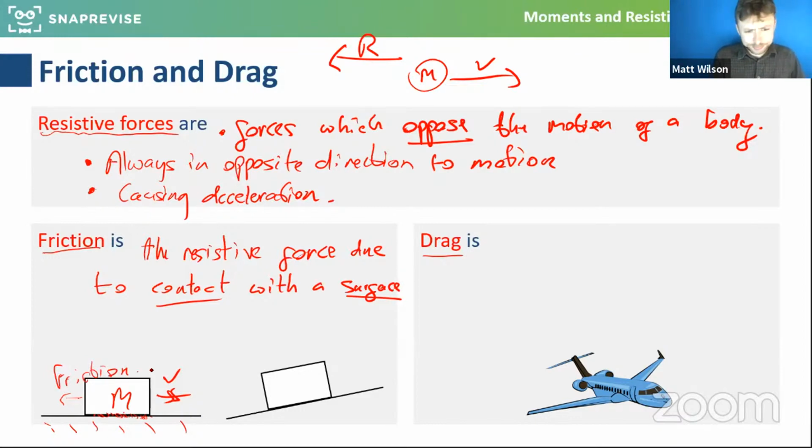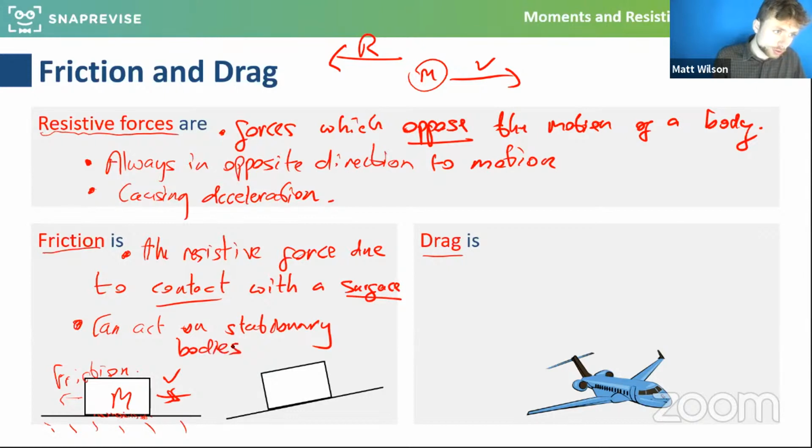Now, the interesting thing about friction is it can be there even when an object isn't moving. So it can act on stationary bodies. A classic example of this would be something like a block that's on a slope.